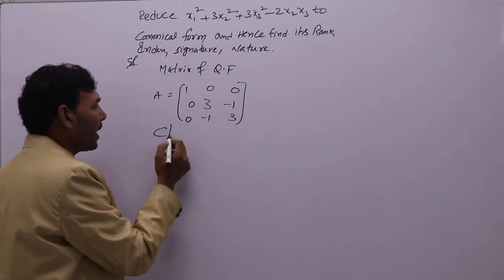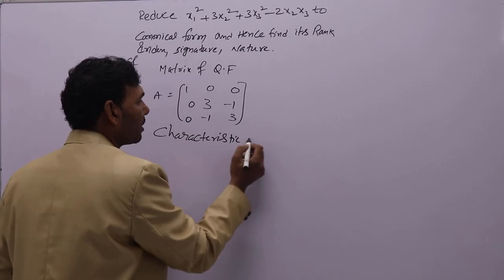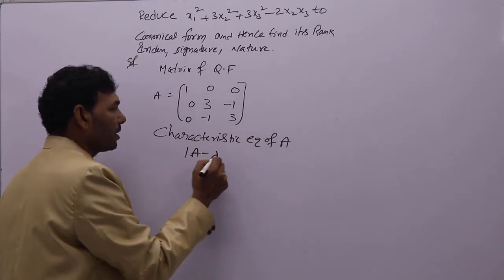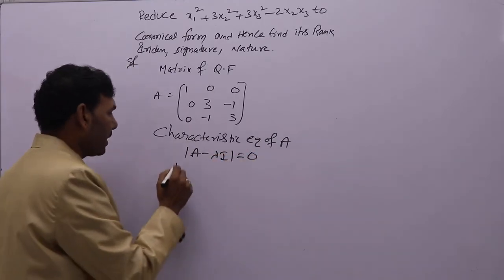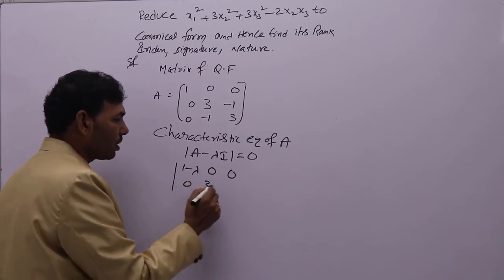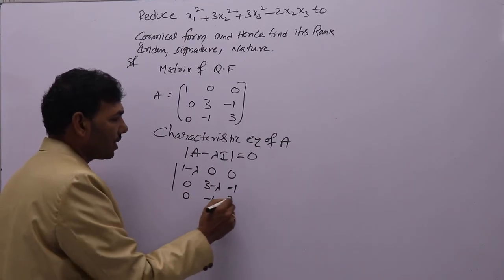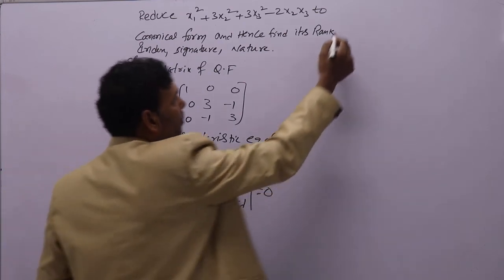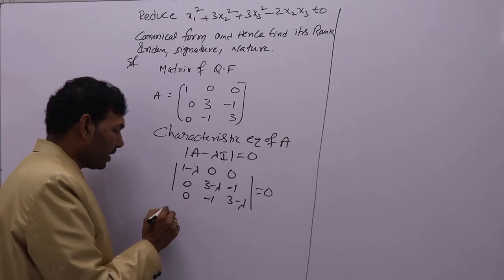Next, we need to write the characteristic equation. Characteristic equation of A, which is det(A minus lambda I) equal to 0. Det of 1 minus lambda, 0, 0, 0, 3 minus lambda, minus 1, 0, minus 1, 3 minus lambda equal to 0. I said how to write the characteristic equation by shortcut. What is that shortcut?